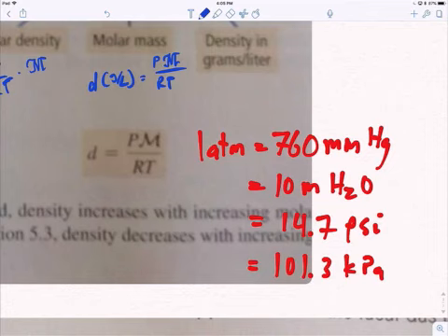A Newton is a kilogram meter per second squared. So it's a pretty wimpy force. A pound is not that much greater, but a pound is a bigger force than a Newton. And it takes 101,300 pascals, or 101.3 kilopascals, to equal an atmosphere. So you can see it's a pretty big number.